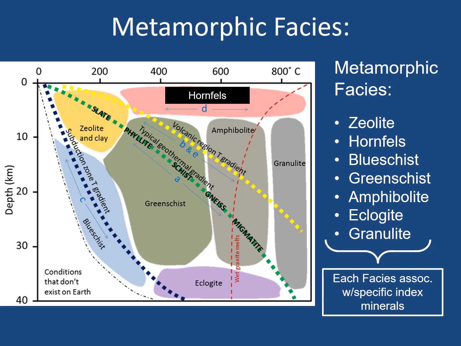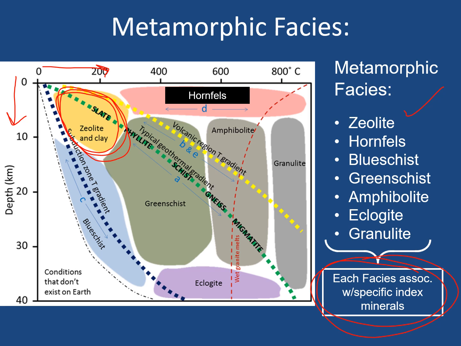I really just included it so you can appreciate that we get different index minerals depending on the pressures and the temperatures at which metamorphism is occurring. As a couple of examples, if we're not very hot and we're not very deep, we might end up with a metamorphic facies known as the zeolite facies.